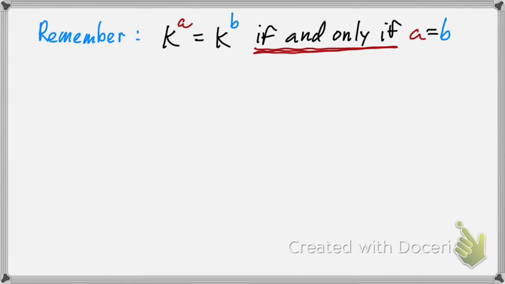See, in the first instance, I'm saying, well, if this is true, then this is true. But I could say, if this is true, then this is true. It goes both ways.